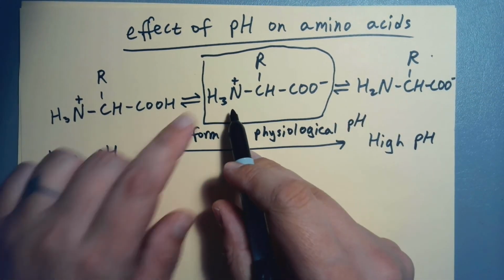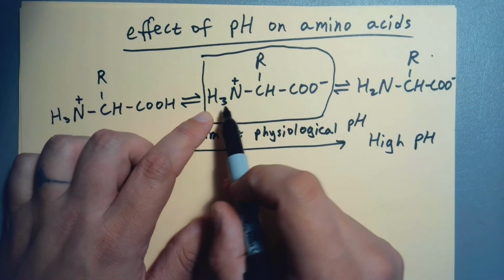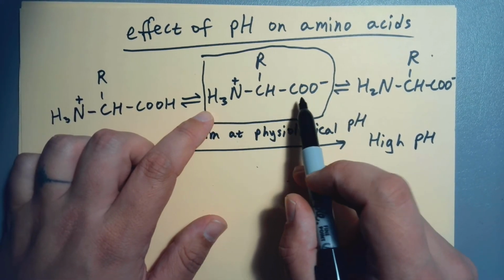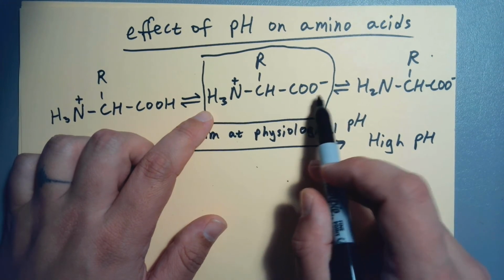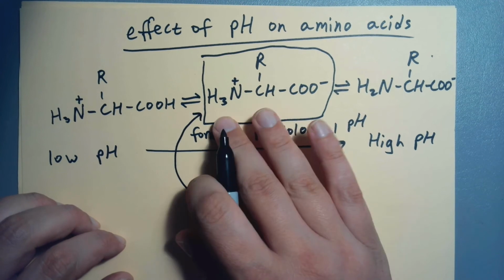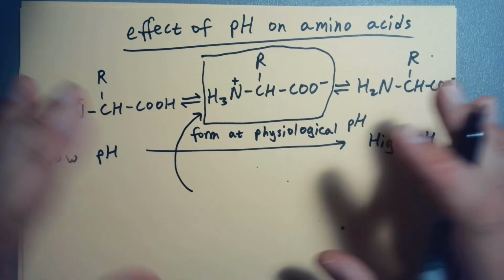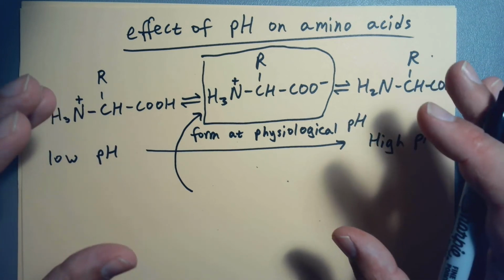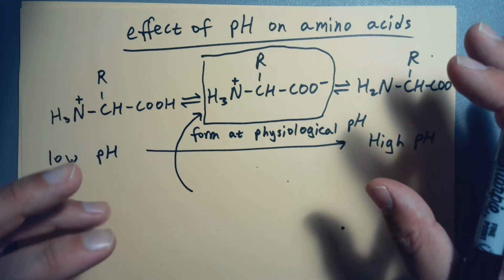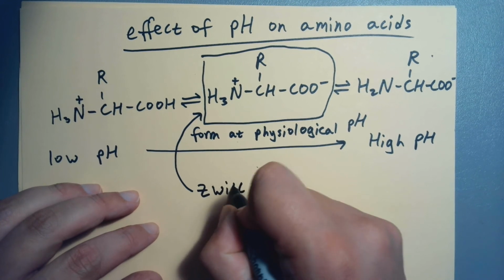So if this is just an individual amino acid, you have your amino group being a cation, and you have your carboxyl group being an anion. And there's actually a name for this. So when you have a molecule that has both a positive and negative charge, like full ion charges, not dipoles, but like full ion charges that are opposite but on the same molecule, this is called a Zwitter ion.